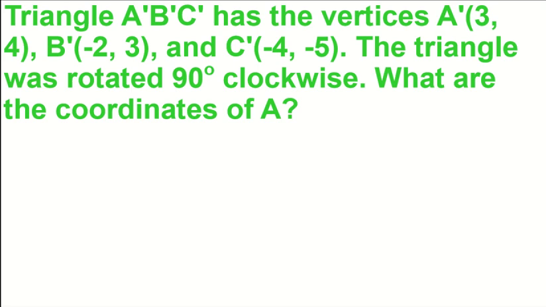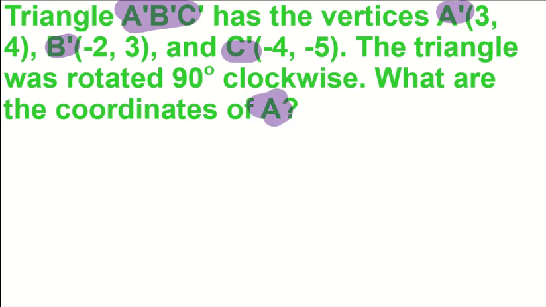All right, so this one's a little trickier. Who thinks they can tell me? So look, it gives us triangle ABC prime. It's giving us the primes. The primes are after the transformation.